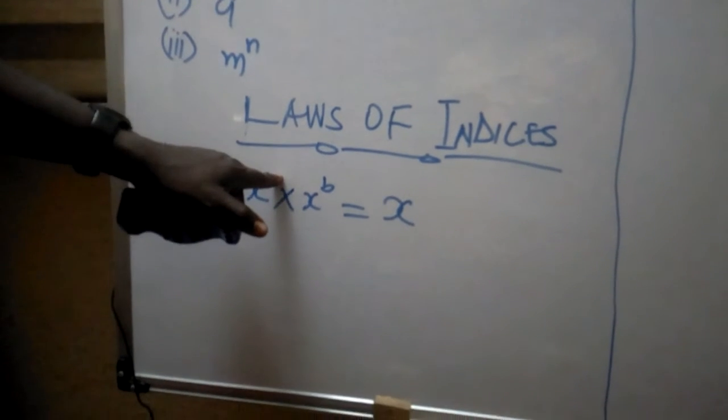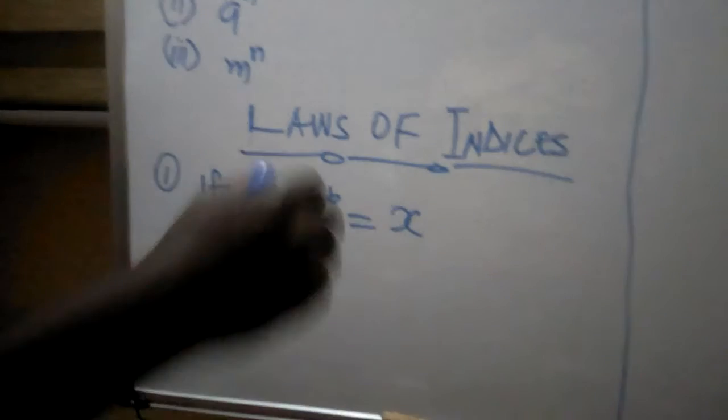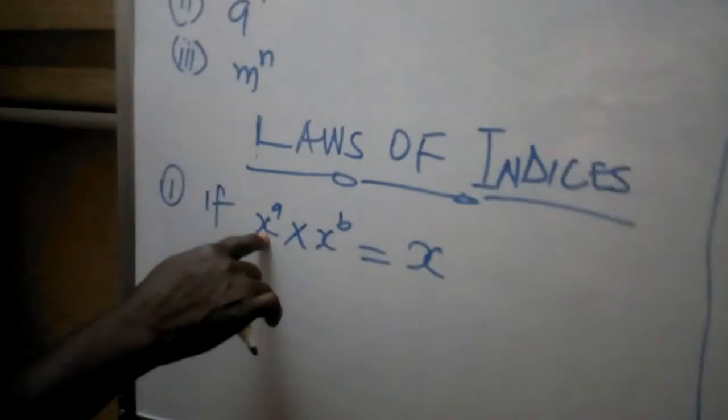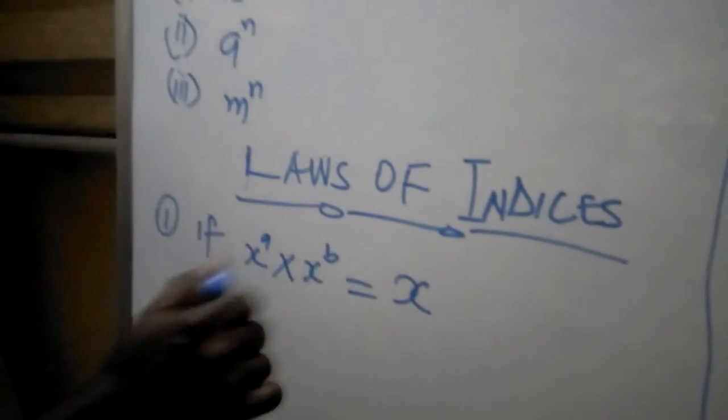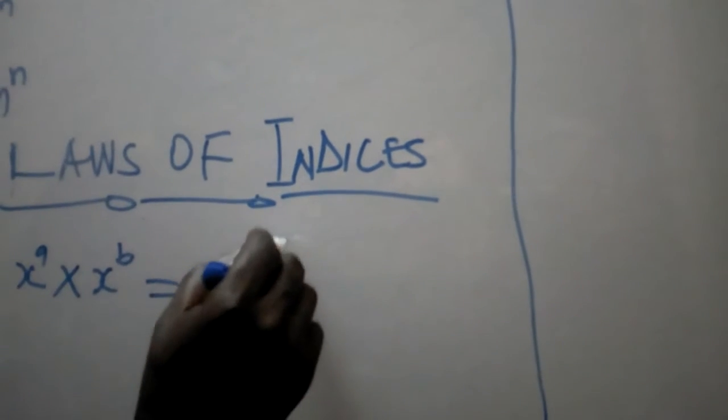You pick one of the x, which is the base, and you add their powers, which is a plus b.